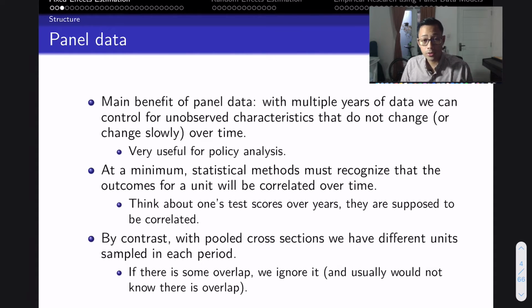Now this is quite in contrast with pooled cross sections. We have different sets of individuals in each period. So if there's some overlap, for example, I'm randomly sampled to become a respondent in a national or large-scale survey this year, I may have a very small probability to be chosen again next year, probably a probability of 0.01.